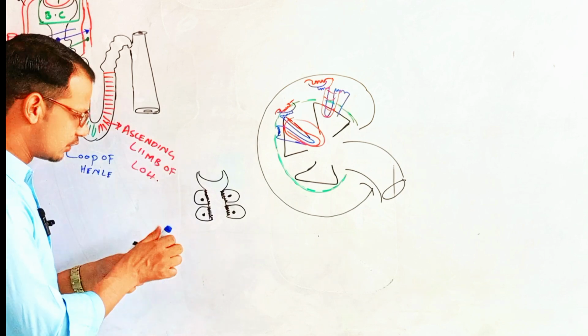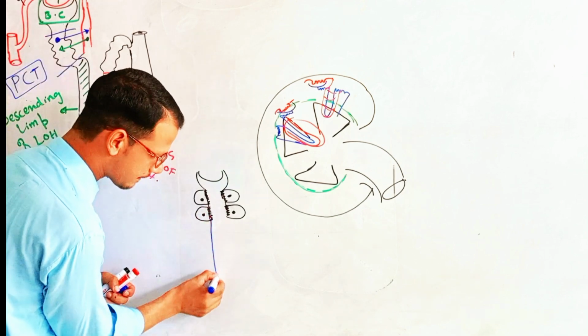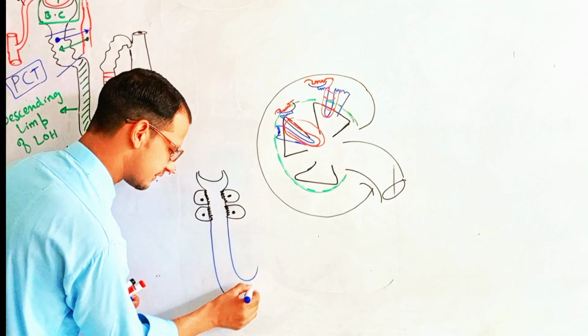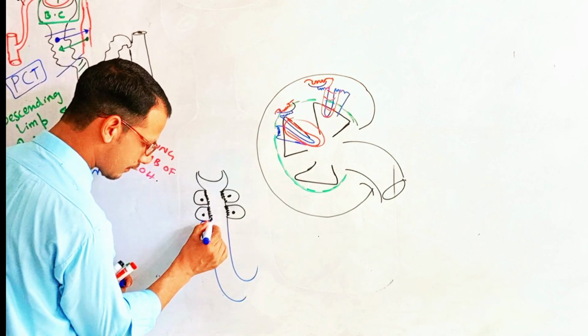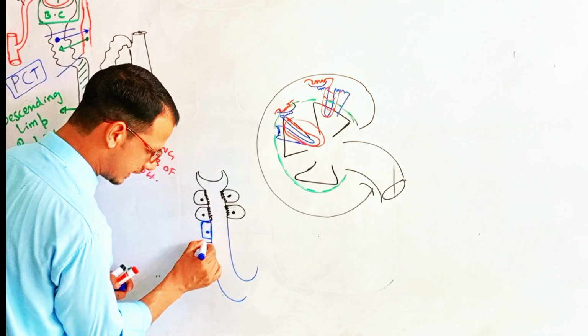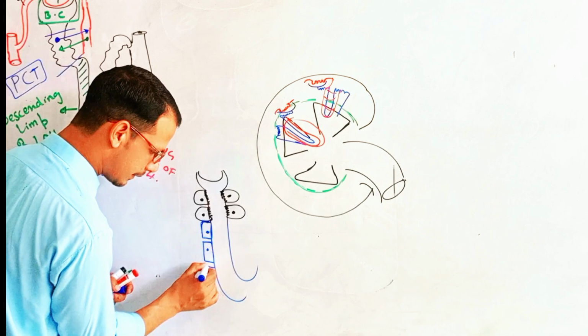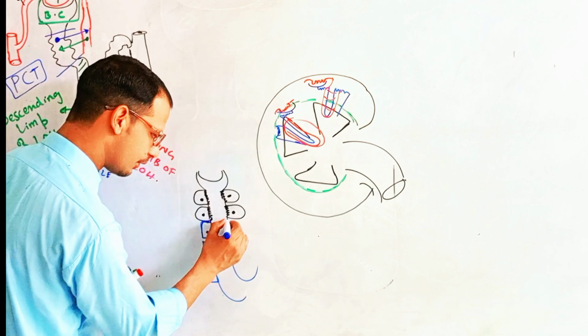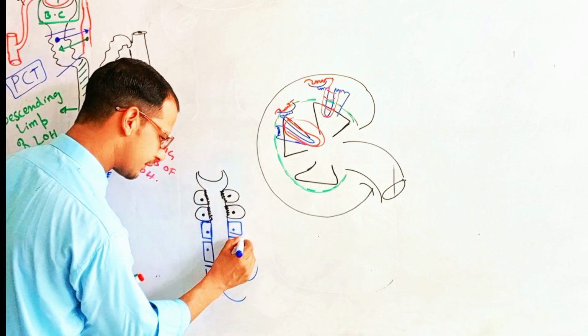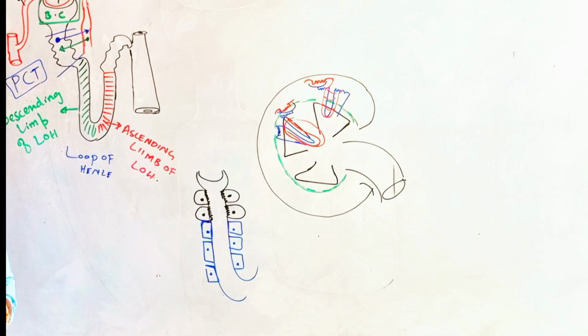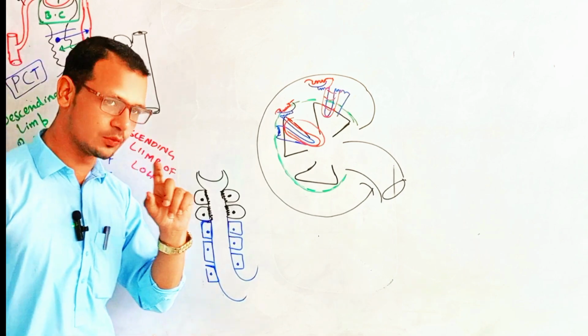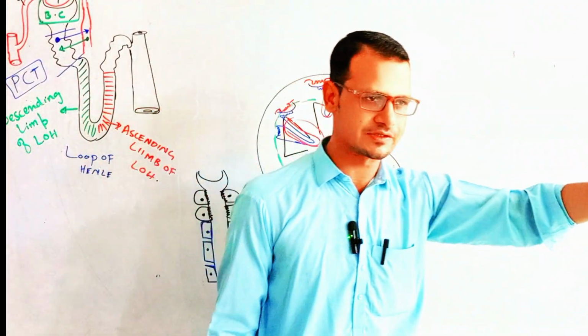But for example, this is loop of Henle, this blue is loop of Henle. It also has cuboidal epithelium, but they have no brush borders on the inside of the nephron. They are simple cuboidal epithelium, right? And where there is epithelium, there will be the exchange of materials, right?